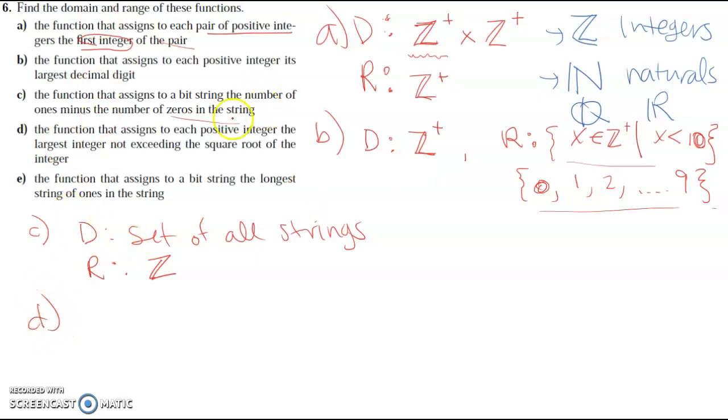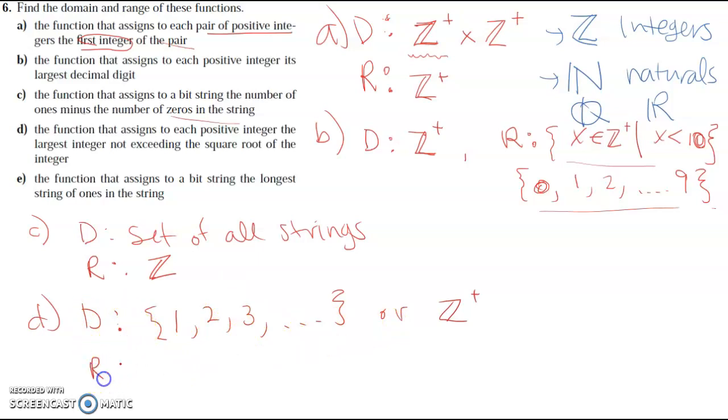All right, D: the function that assigns to each positive integer the largest integer not exceeding the square root of that integer. That's a good problem. The domain you can list out: 1, 2, 3, and it continues. Or you can just write Z with a plus, which is the same thing as the positive integers.